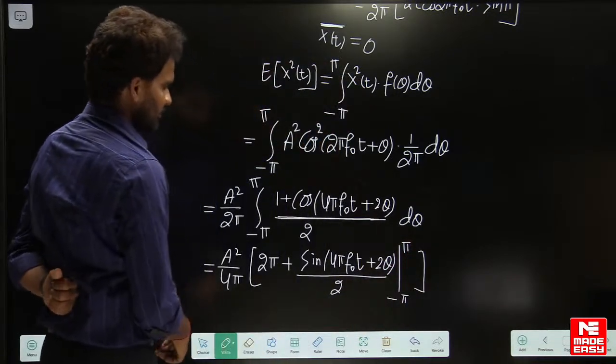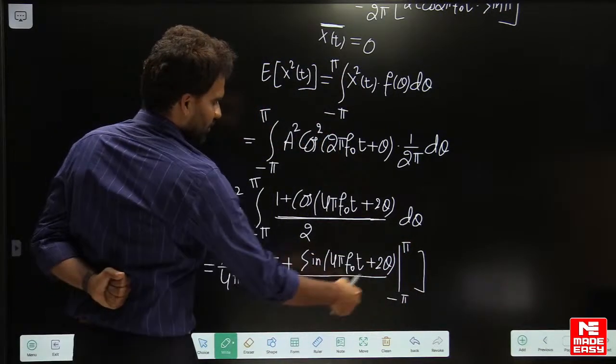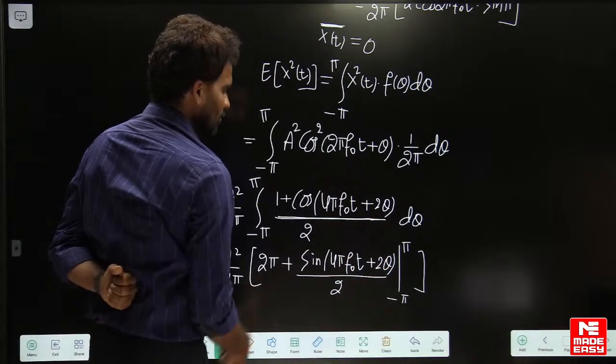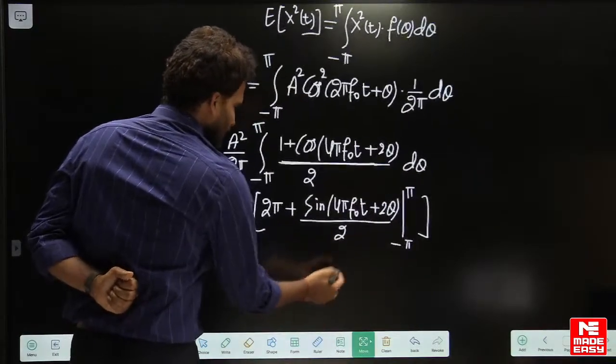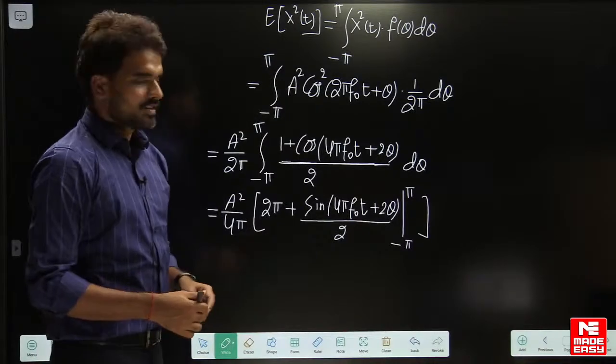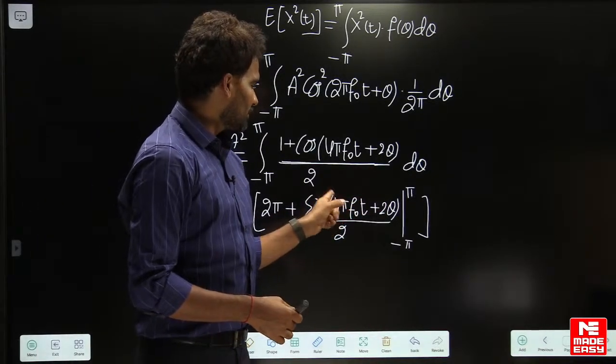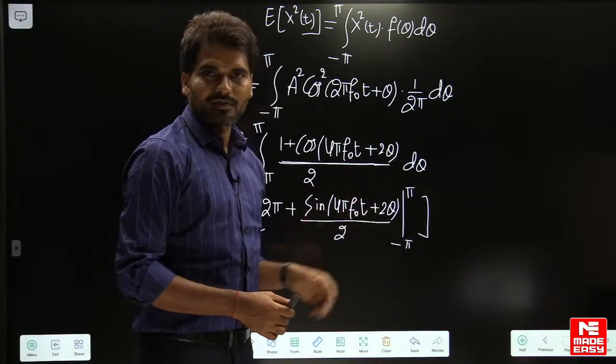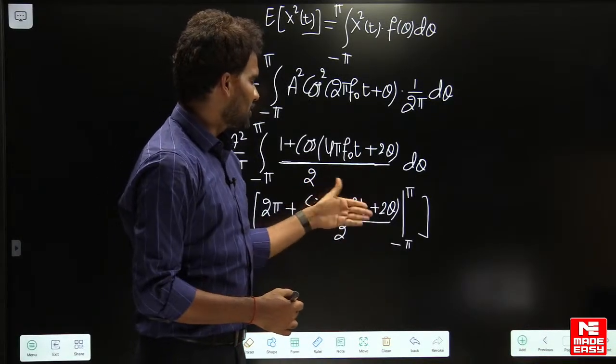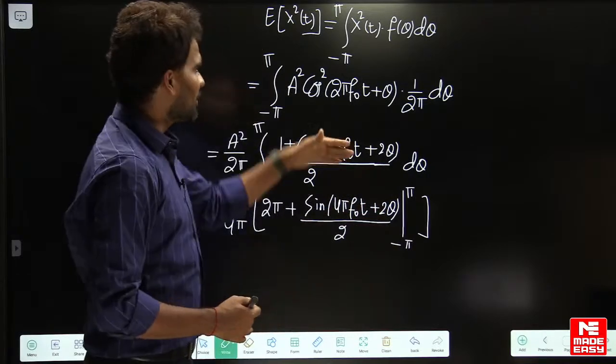Substituting the upper and lower limits, you will get sine of 4 pi f naught t plus 2 pi minus sine of 4 pi f naught t minus 2 pi. Same as previous.